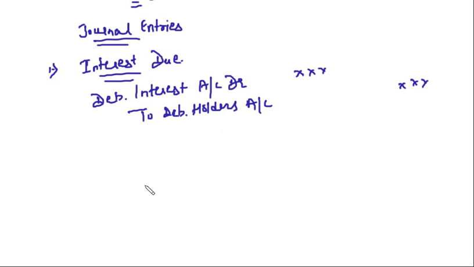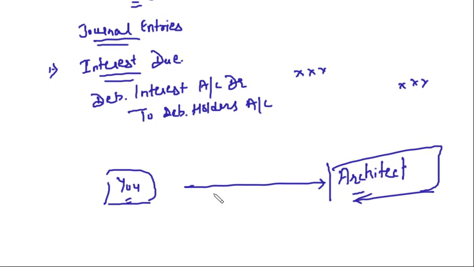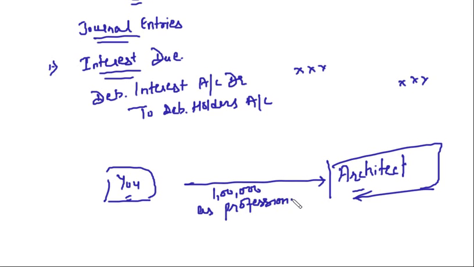Suppose you hired an architect to design your house, right? Now for that you have to pay him 1 lakh rupees as professional fees.